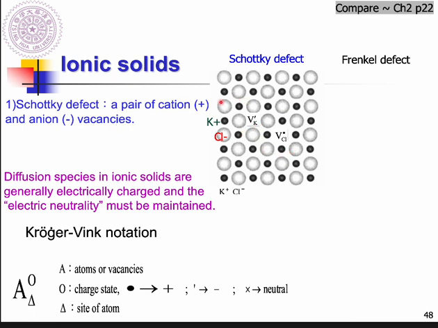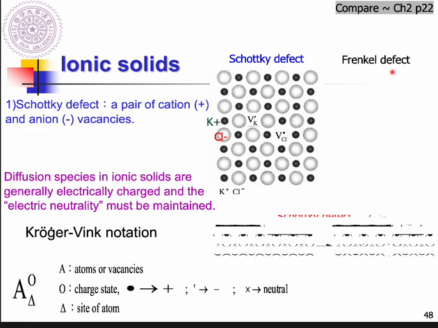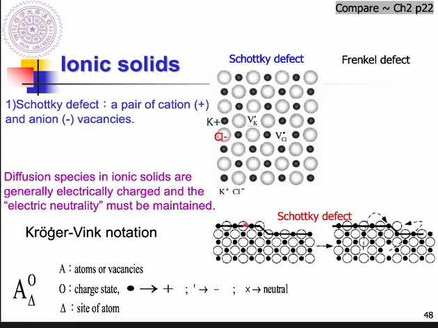And the second one we call a Frenkel defect. Here there's no Schottky defect, and then we move to the right-hand side. You visualize that a pair of ions moves to the surface of the crystal and left a pair of vacancies.